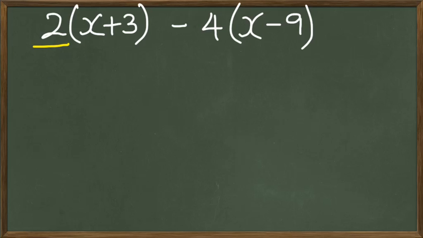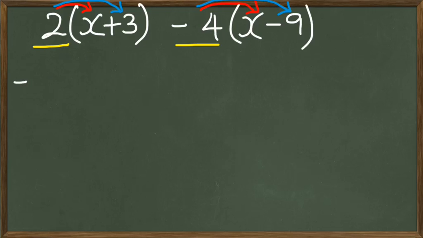My 2 outside numbers are 2 and negative 4. And I've got 2 multiplied by x and 2 multiplied by 3. On this side, I have negative 4 multiplied by x and negative 4 multiplied by negative 9.